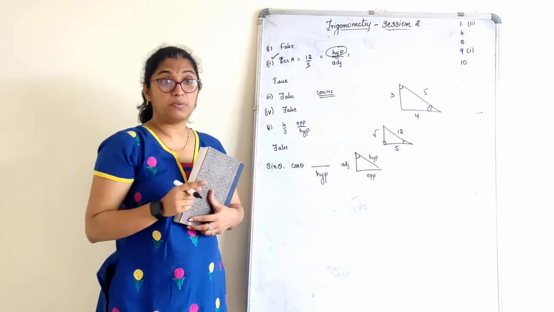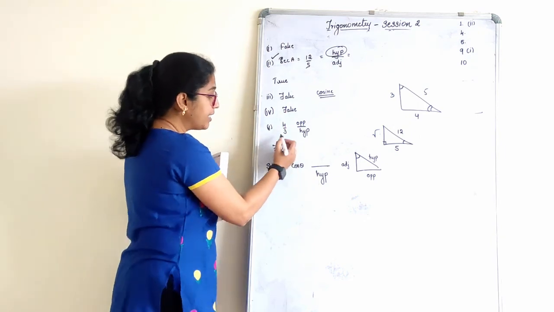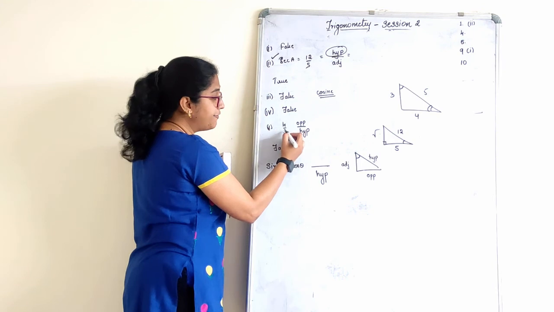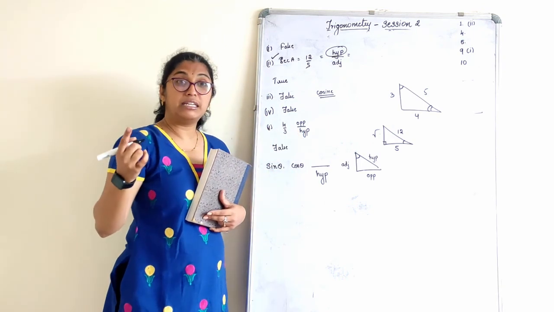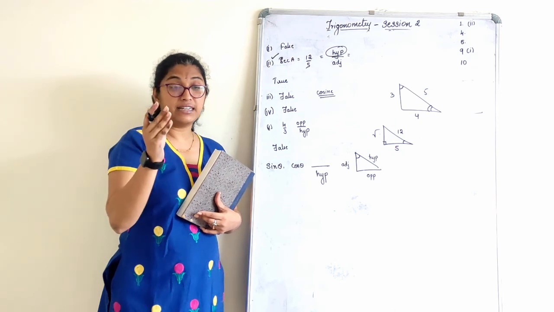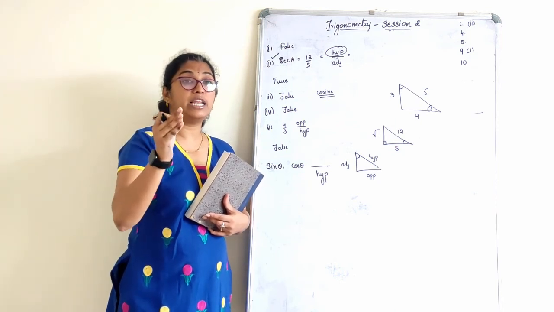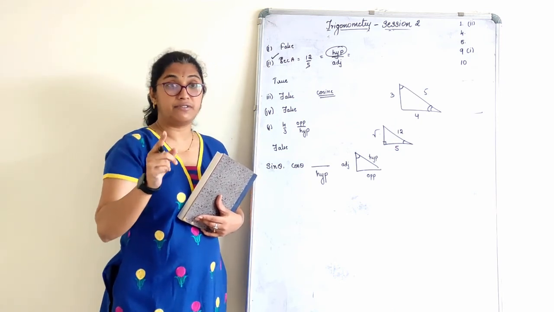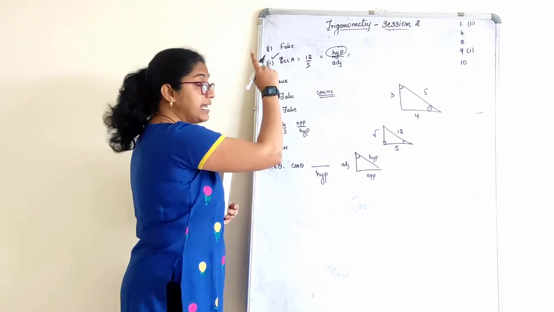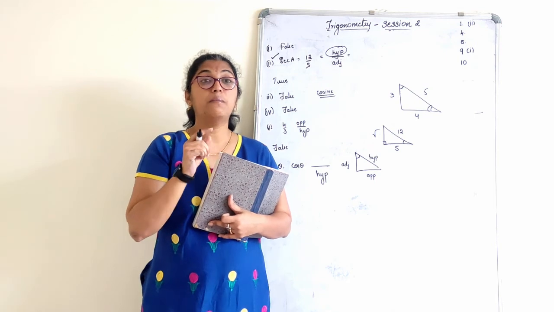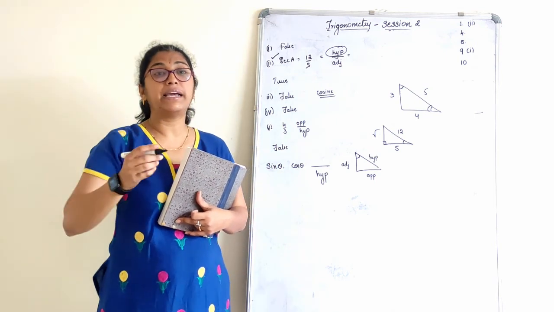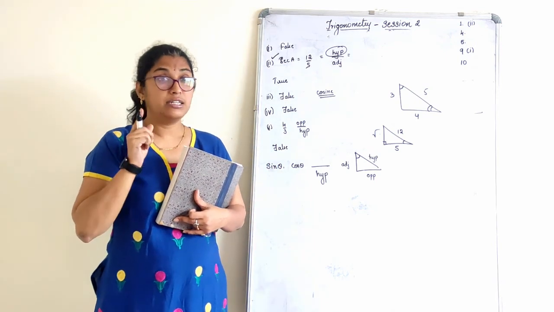Here it is not possible, because when you divide 3 by 4 or 4 by 3, the answer will come 1 point something, greater than 1. Sin value and cos value cannot be greater than 1. Sec and cosec can be greater than 1, because they are divided by a smaller number. Did you get the point?